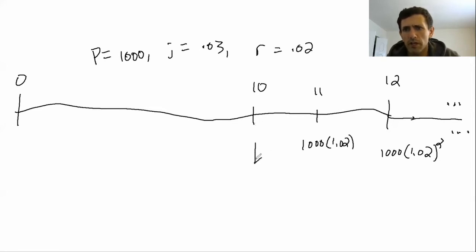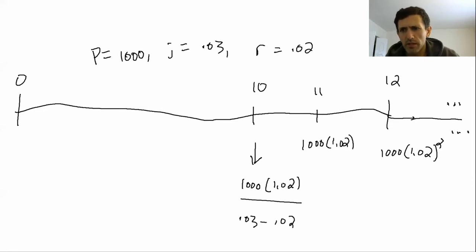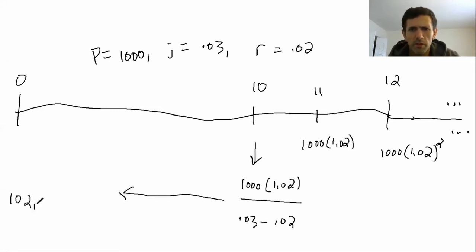Right. So let's find the present value here. It's 1,000 times 1.02, 1020 over the same thing, 0.03 minus 0.02. So let's see what that is. 1020 over 0.01. Well, it's just 102,000. Okay. So discount this by 10 years.